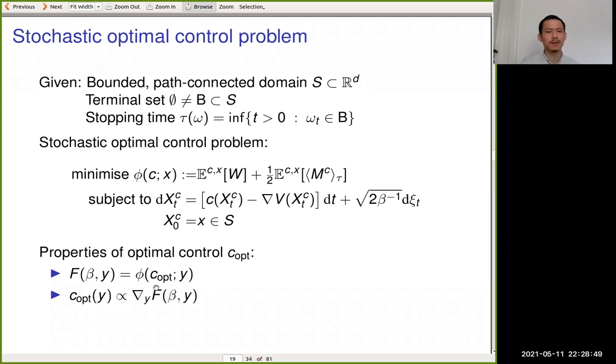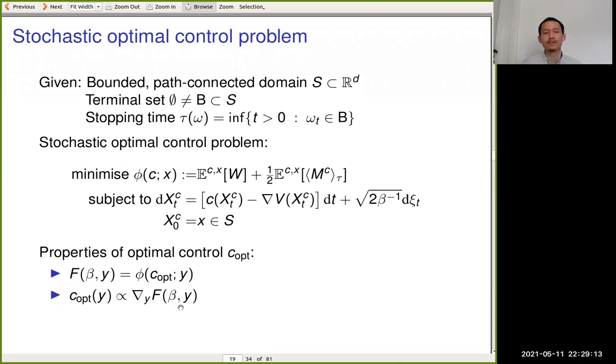Surprise, surprise. And what's interesting is that, in fact, your optimal control is proportional to the gradient of your conditional free energy. And this goes back to the question that we had earlier about whether the control can be understood as a potential. This gradient relation does indeed reinforce that notion that your optimal control will be like a gradient of a potential.